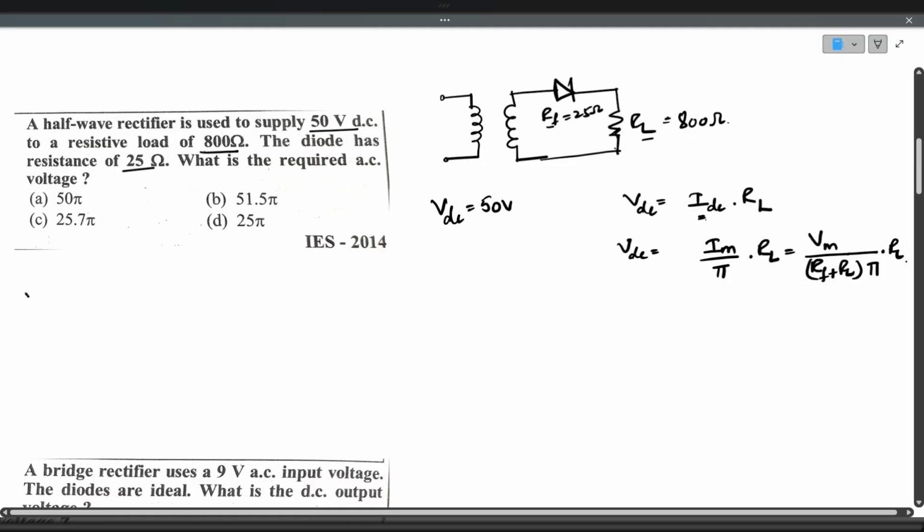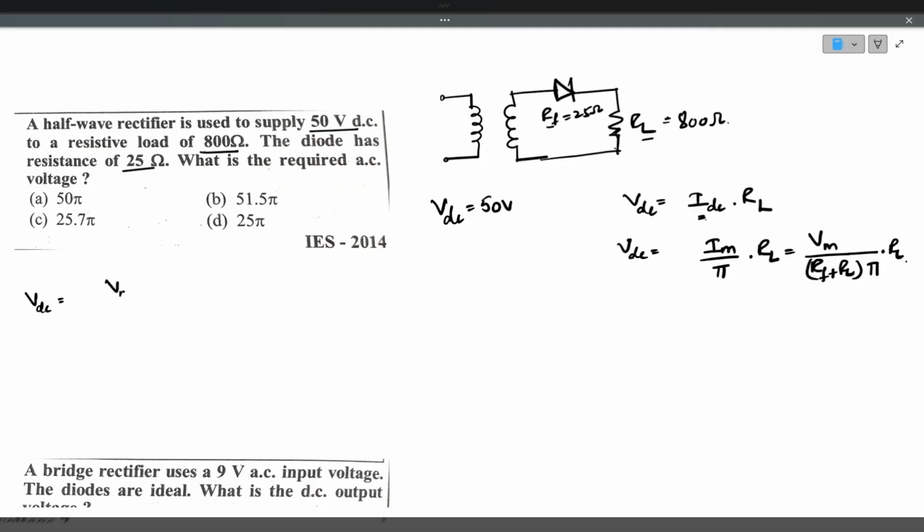So now we have VDC is equal to Vm divided by (Rf plus RL) into pi, multiplied by RL. If you substitute the values, V maximum we do not know. Rf plus RL is nothing but 25 plus 800, the diode forward resistance and load resistance.